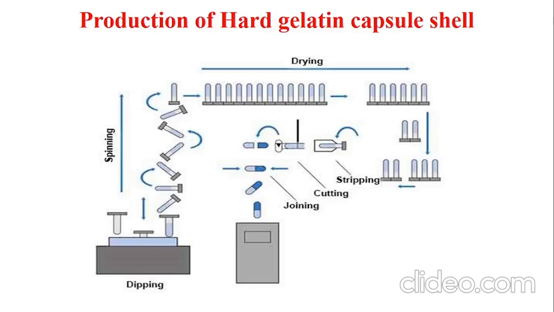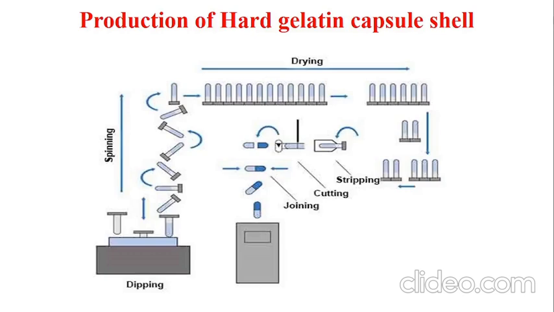We take a pair of stainless steel pins and dip them in a dipping solution consisting of gelatin solution along with different additives like opacifying agent, colorants, even plasticizers. Then the pins which we have dipped are subjected to spinning. During the spinning procedure, the gelatin adsorbed onto the pin gets evenly distributed.